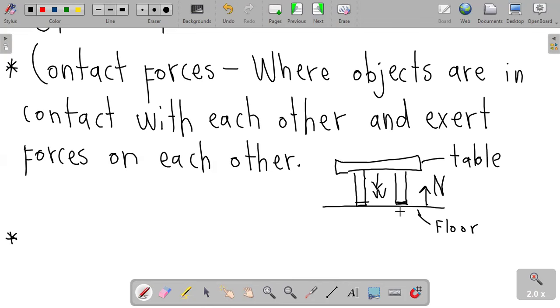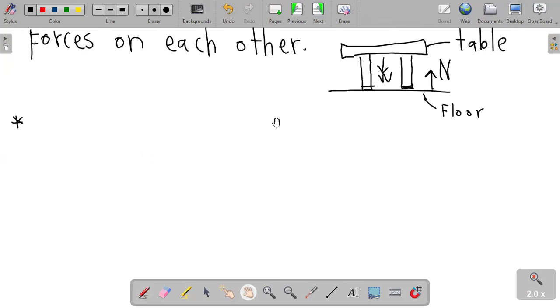And then the second type, and there are only two types, is non-contact forces.